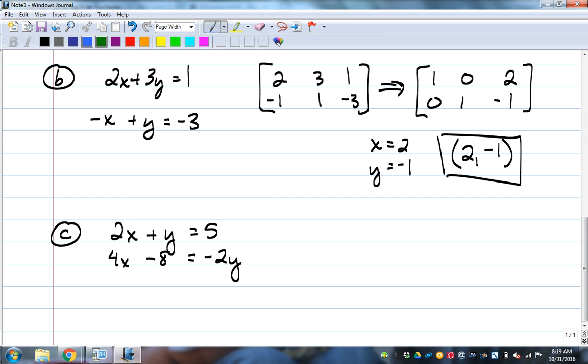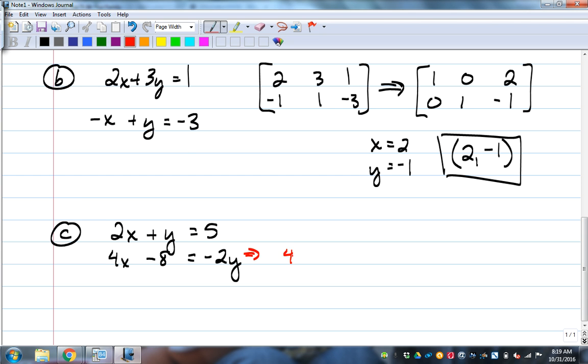Yeah, the x and the y are not on the same side in the second equation. Do they need to be? Yeah, if I'm going to use a matrix to solve this, they need to be. All my variables need to be lined up column-wise. So what are we going to do to get that to happen?